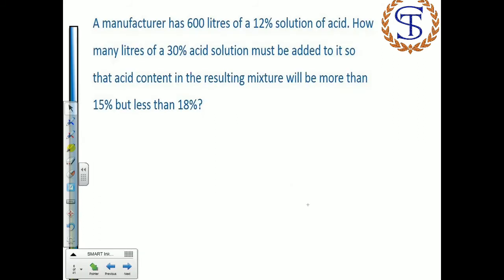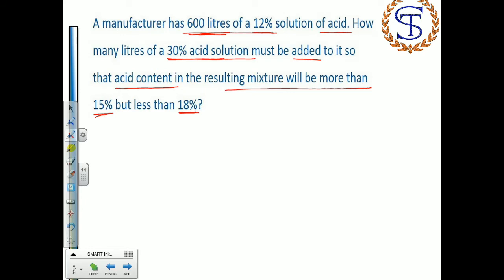And see one more example of the same kind. A manufacturer has 600 liters of 12% solution of acid. It means a manufacturer has a solution of 600 liters in which 12% is acid. How many liters of 30% acid solution must be added so that the acid content in the resulting mixture will be more than 15% but less than 18%?